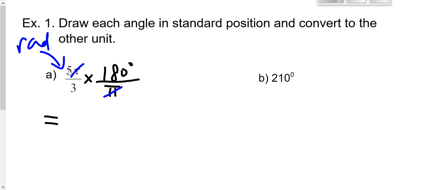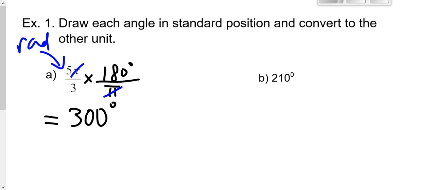If you look at this, you have 5 times 180 divided by 3, and because I leave the angle there in radians, my angle here in degrees would be in degrees with a unit. So that gives you 300. I put a degree here, so that means this is going to be 300 degrees.